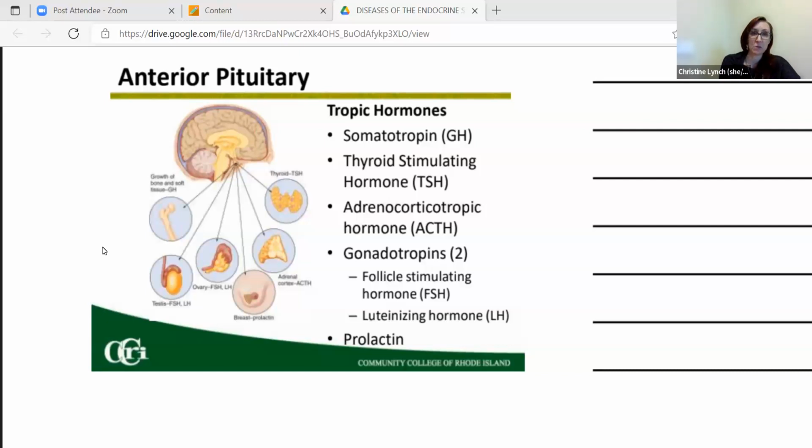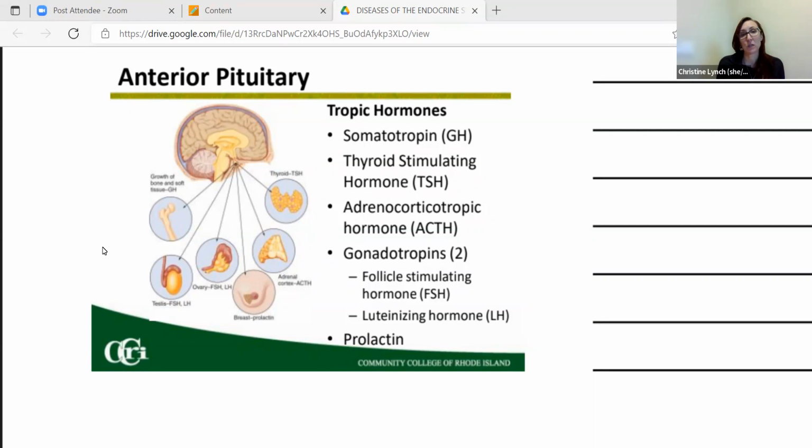Then we have thyroid stimulating hormone, or TSH, and that stimulates the thyroid gland, and it's responsible for metabolism and energy expenditure. And then we have the adrenocorticotropic hormone, or ACTH, and that stimulates production of hormones in the adrenal gland.